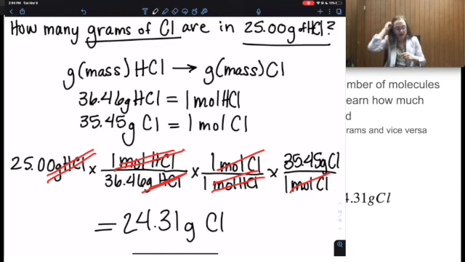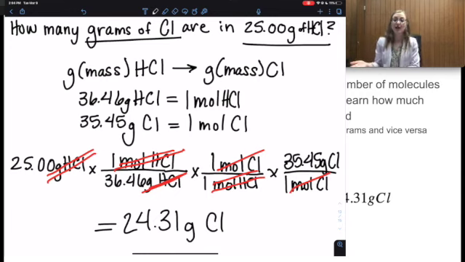And hypothetically, if we also solved the same problem for how many grams of hydrogen we have, we should have two masses that add up to approximately 25.00. So if I have my mass of chlorine and my mass of hydrogen, if I add those up, I should have my total mass of hydrochloric acid. So in this case, I have 24.31 grams of chlorine.